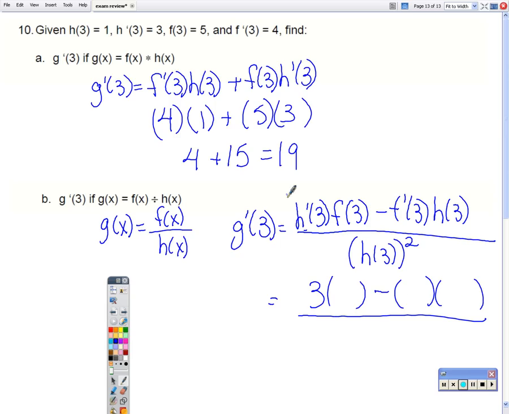F of 3 is 5. F prime of 3 is 4. And h of 3 is 1. And using h of 3 again, all over 1 squared. Uh-oh. I didn't follow the quotient rule right, so we're going to start that all over again.